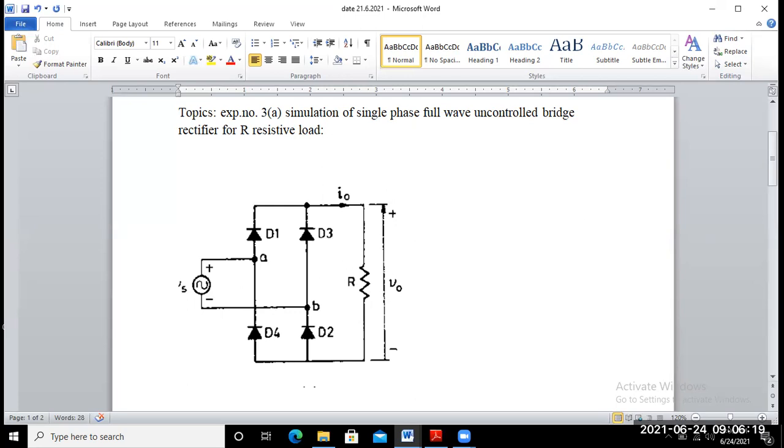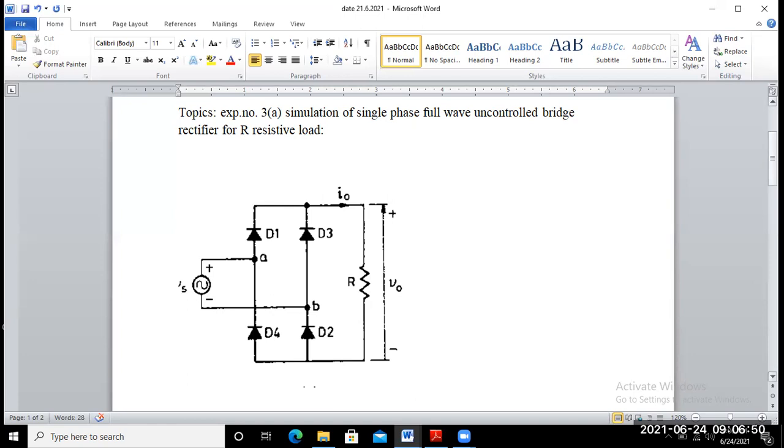Full wave means we get the output from 0 to 2 pi, for the complete cycle. But what happens in the half wave diode? We only get the output voltage for the half cycle, that means only during the 0 to pi period, and pi to 2 pi has 0 output voltage.